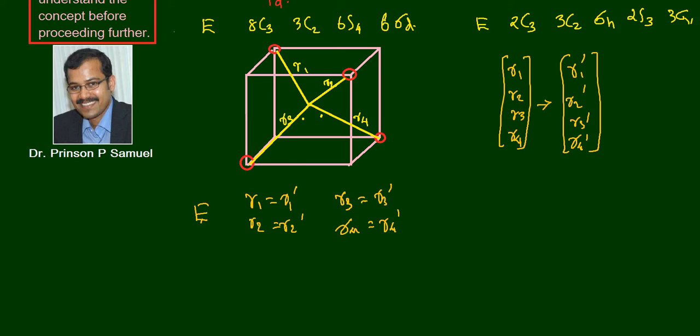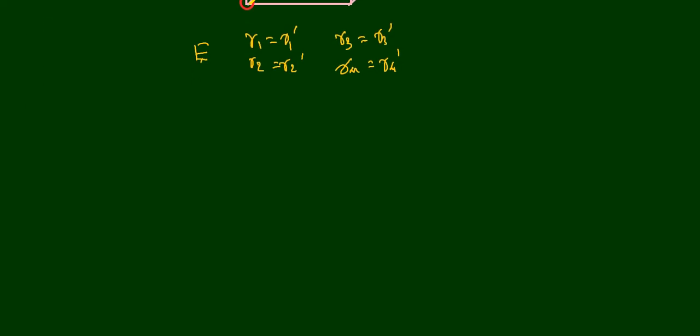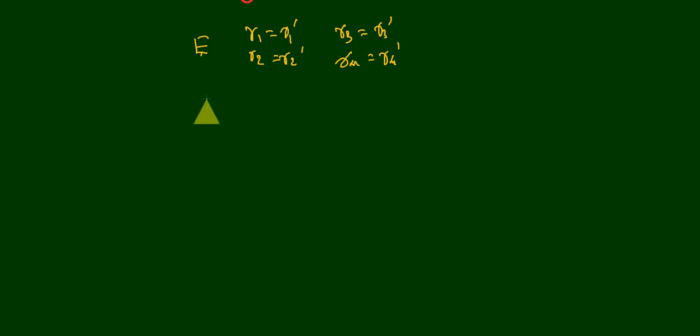Therefore, in matrix form, this set of equations can be represented like this: 1 0 0 0, 0 1 0 0, 0 0 1 0, 0 0 0 1.